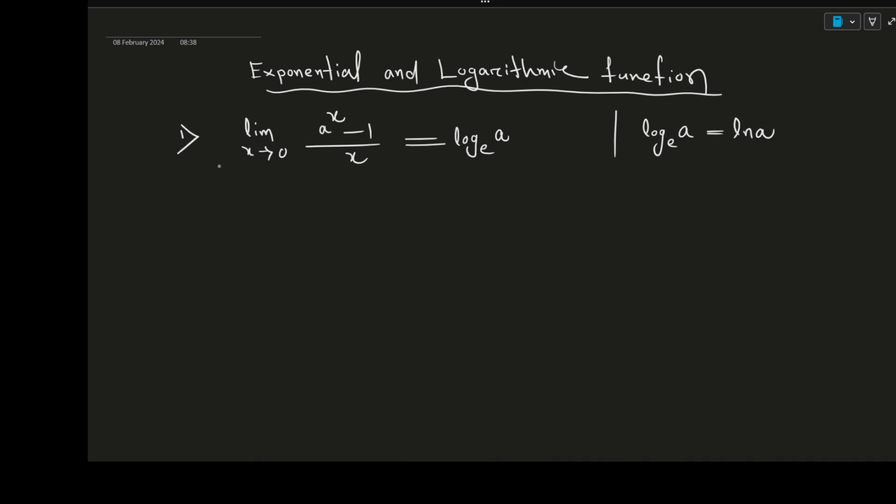So now we'll generalize this formula, that is limit x tends to a, a to the power f of x minus 1 divided by f of x is equal to log e to the base a, when f of x tends to 0.